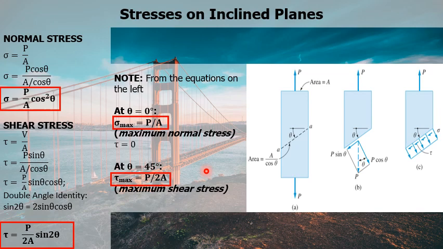Same answer as before. We got 45 degrees from maxima in differential calculus, which I'm no longer going to show. Also, at theta equal to 45 degrees, the equivalent normal stress from this formula is equal to P over 2A, just the same.